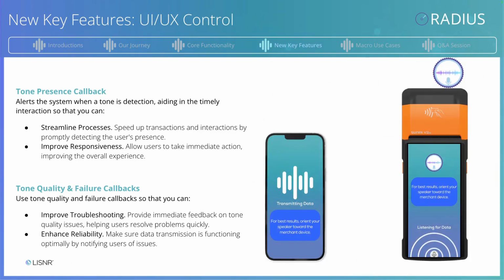So here's a visual example of how a good or great tone quality transmission could be represented, and we'll go through a few different scenarios to show the different variances. You can see a green microphone, again, using the parameters that we provide in the SDK. You can return that visual feedback however you would like to.